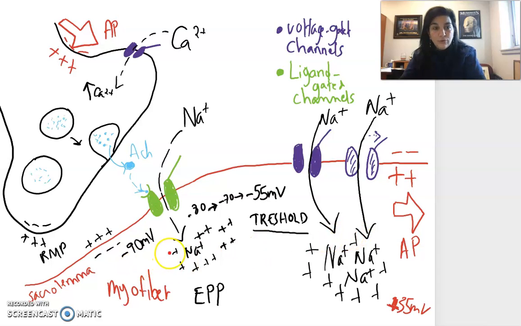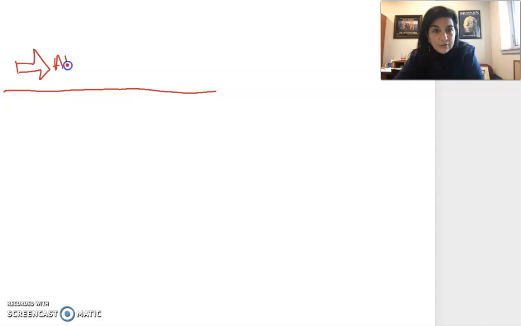So we move on to the next phase, which is the action potential traveling down the sarcolemma. So we're still using red here, and the plasma membrane of the myofiber was already in red in the previous diagram, and we have an action potential that is traveling down this membrane. What that means is that there are more voltage-gated channels that open up like a domino effect, and we have this depolarization taking place as this is moving forward.